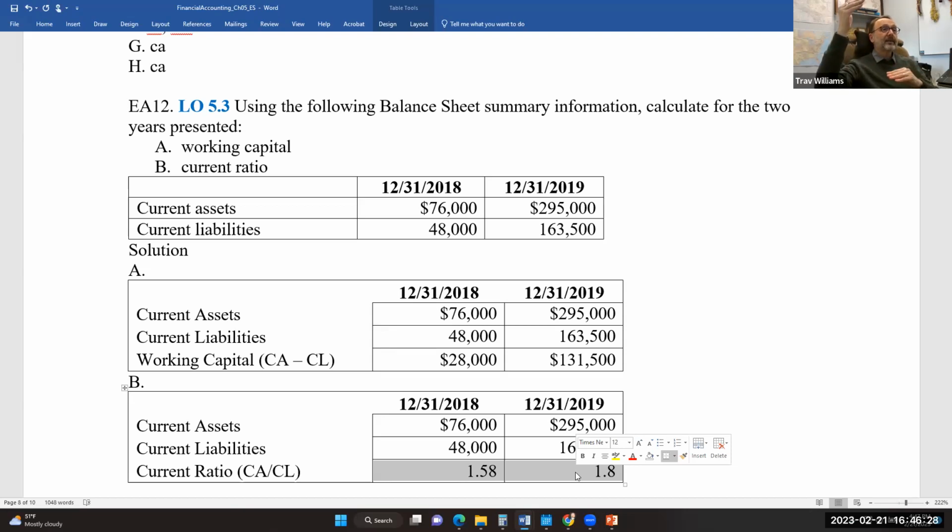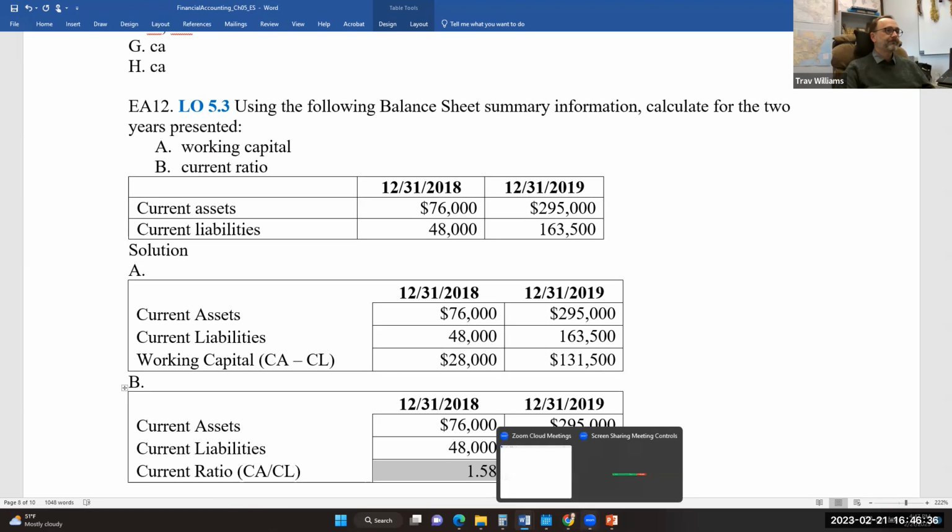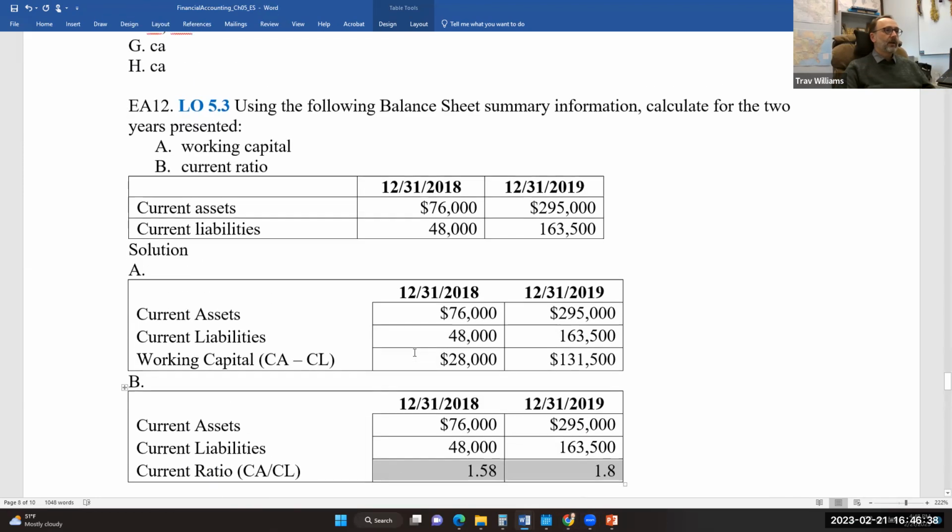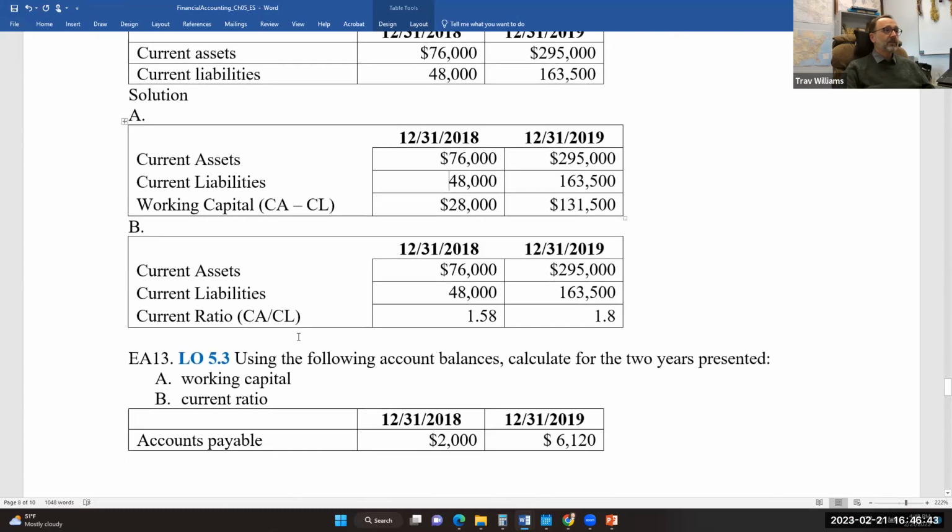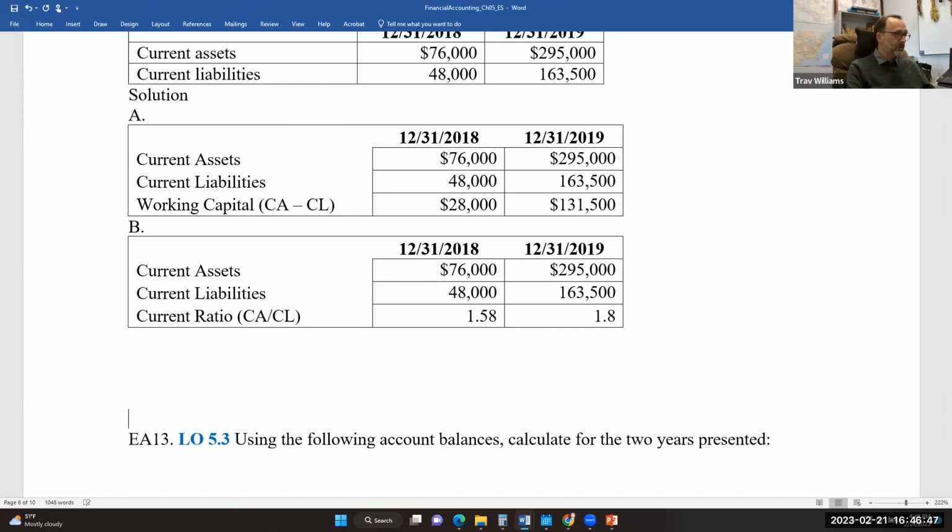Our current assets went up faster than our current liabilities. And that's a good thing. That means we've got more money available to work with. Okay, so that's pretty easy. If you don't have any questions here, let's move on to a couple other exercises related to liquidity.